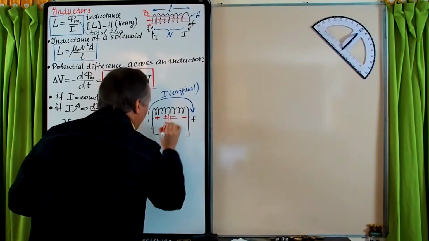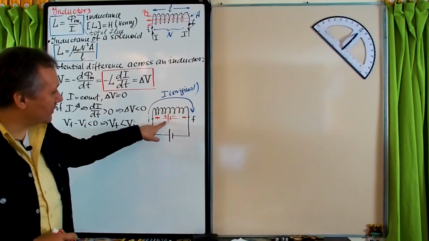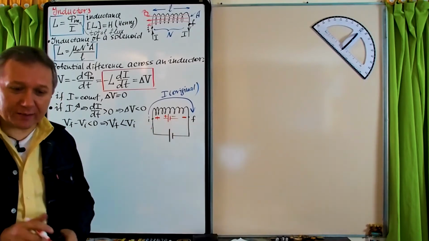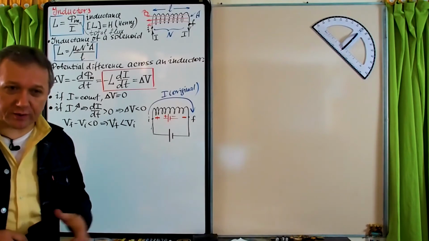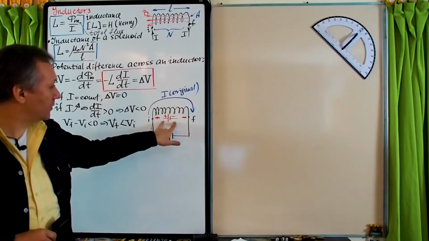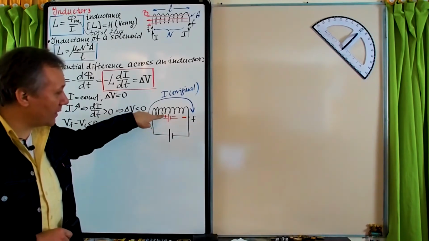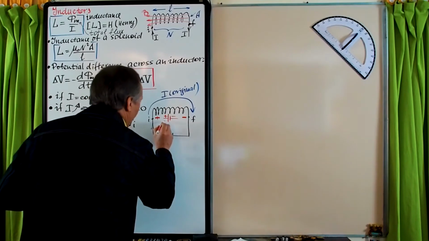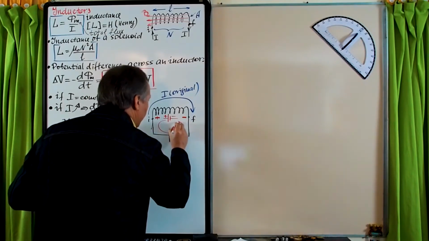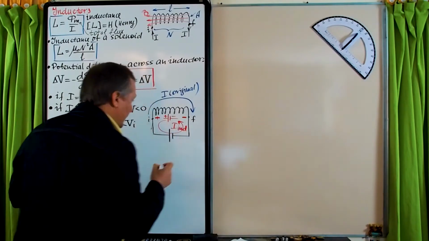Here we have plus, there we have minus. And what's the direction of the induced current produced by this solenoid? Yes, from plus to minus through the rest of the circuit. So the induced current will flow this way. This will be I induced.